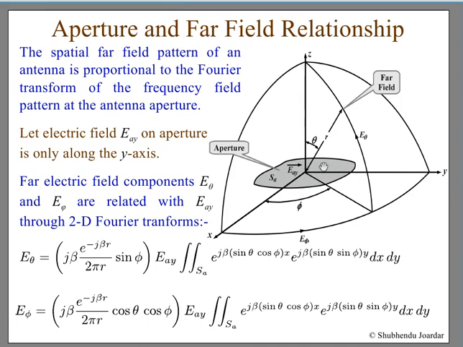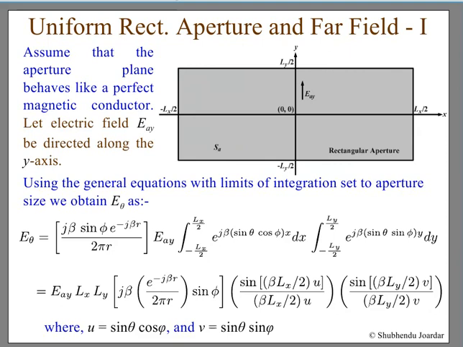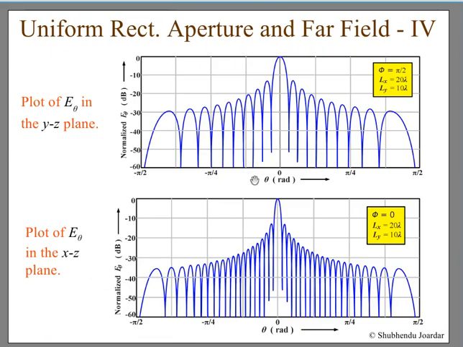Now that is what I have done in rectangular coordinates, so it doesn't look more realistic. So this is your theta. So theta varies in this direction, in the YZ plane where phi is equal to pi by 2. This is when you are uniformly illuminating the rectangular aperture.